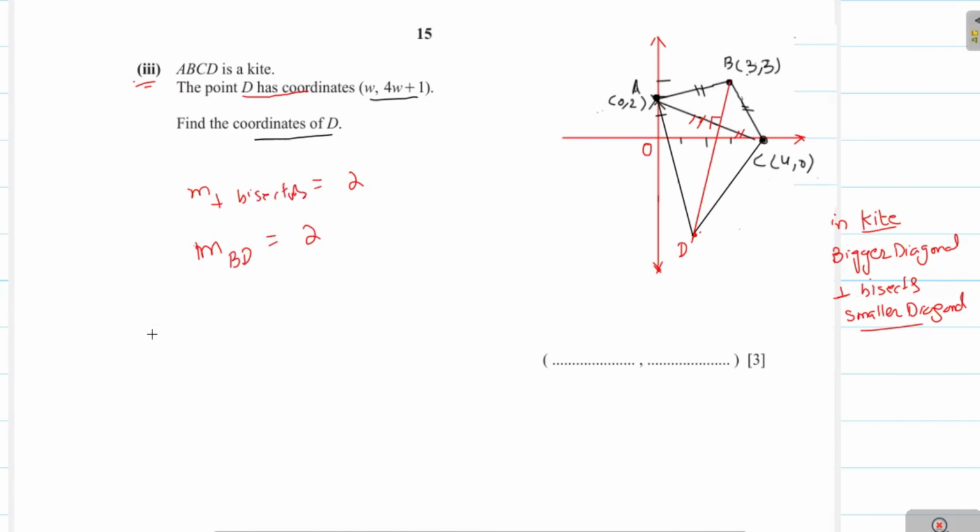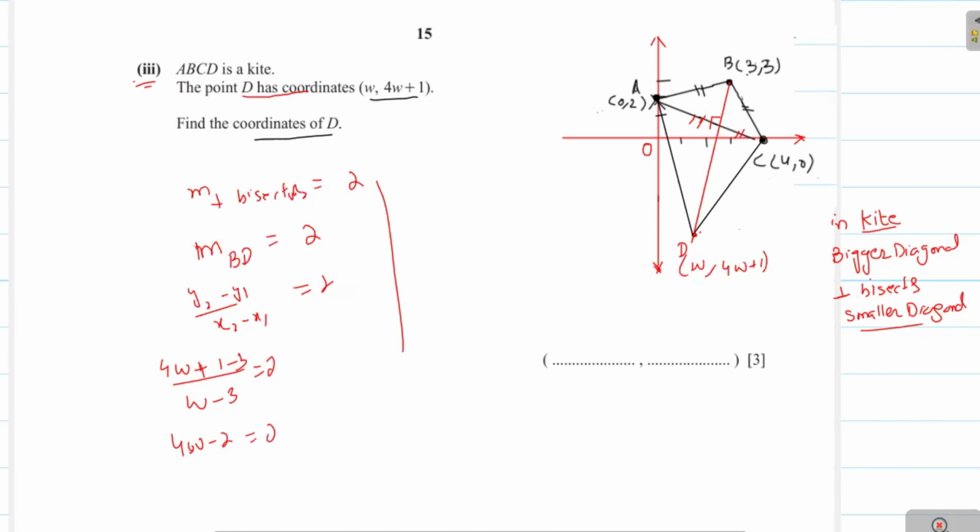Now the formula of gradient of BD will be equal to y2 minus y1 over x2 minus x1. Here the coordinate of D is W and 4W plus 1. Therefore, y2 is 4W plus 1 minus 3 over W minus 3 equal to 2. We can write it as 4W minus 2 equal to 2 multiplied by W minus 3, so 4W minus 2 equal to 2W minus 6.